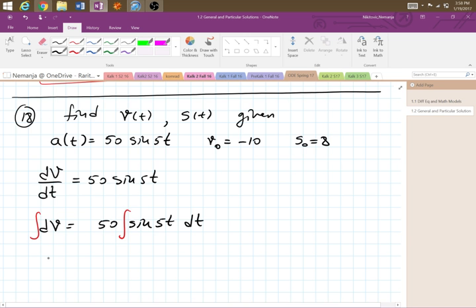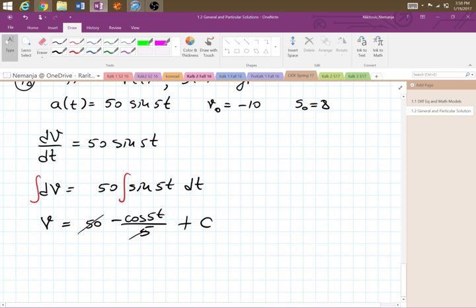So now we have v is equal to 50, integral of sine is negative cosine 5t over 5 plus c. 50 and 5 cancel, and we get this general form, v of t is equal to negative 10 cosine 5t plus c.